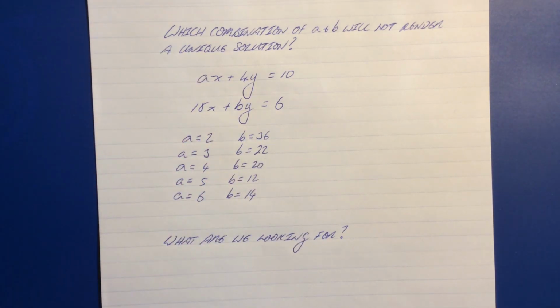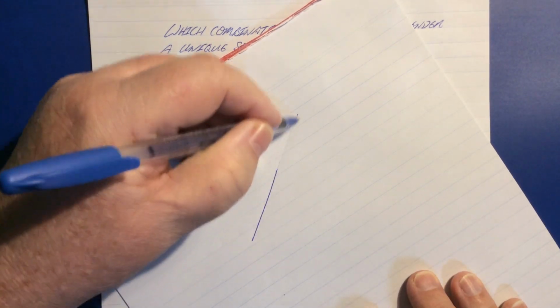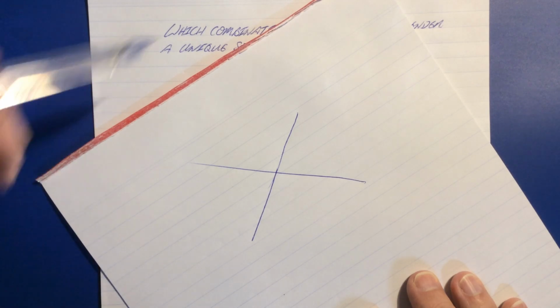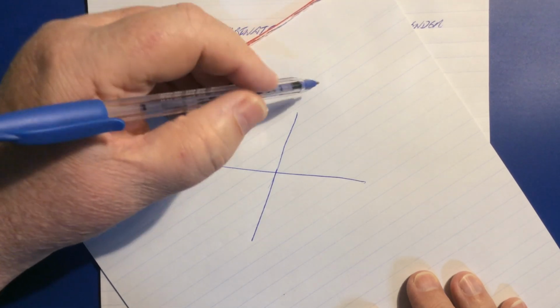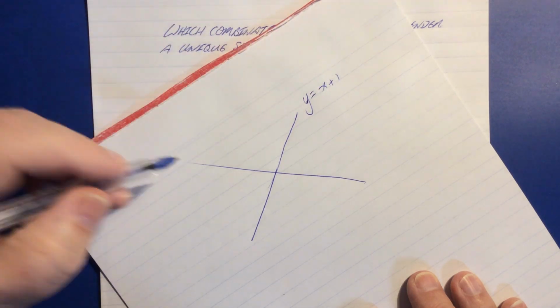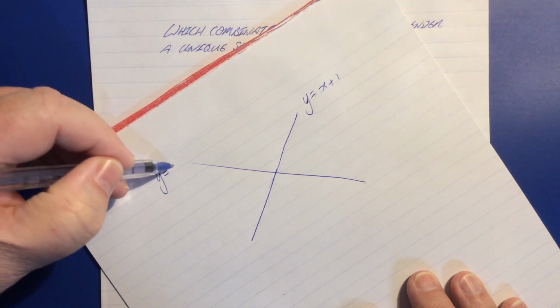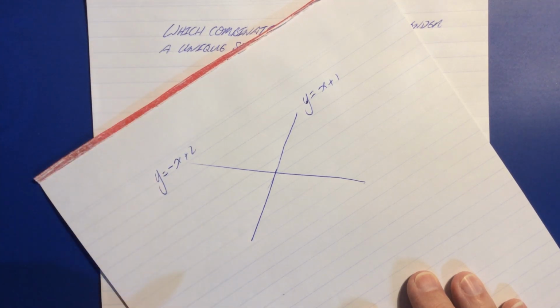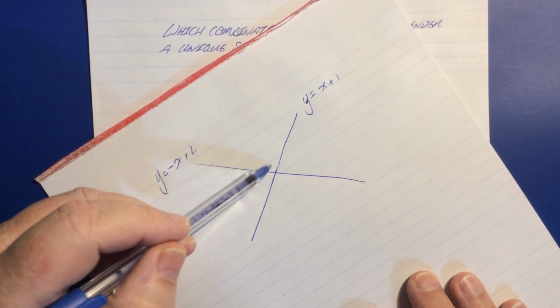I'll do this on a separate piece of paper so you can see what I'm talking about and it won't get in the way. Two simultaneous equations: y equals x plus 1, y equals negative x plus 2. And they're on a Cartesian plane. That is a unique solution.